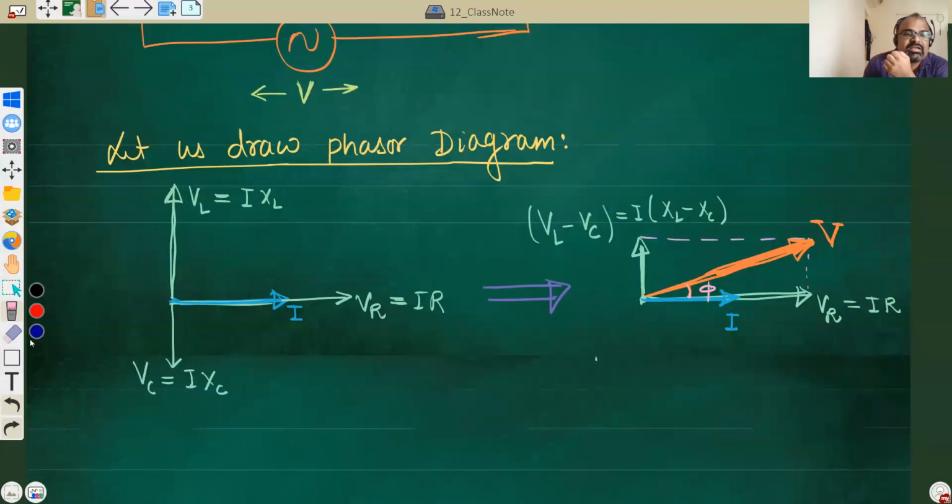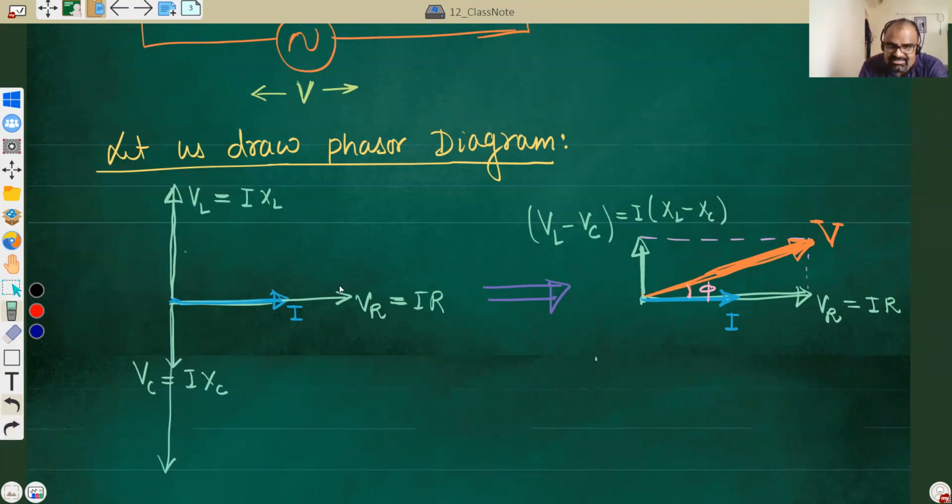Yeah. However, it is not a universal fact. It will not always happen. What I'm trying to say is that if this phasor was drawn bigger, just imagine that this was a bigger phasor and this was a smaller phasor.